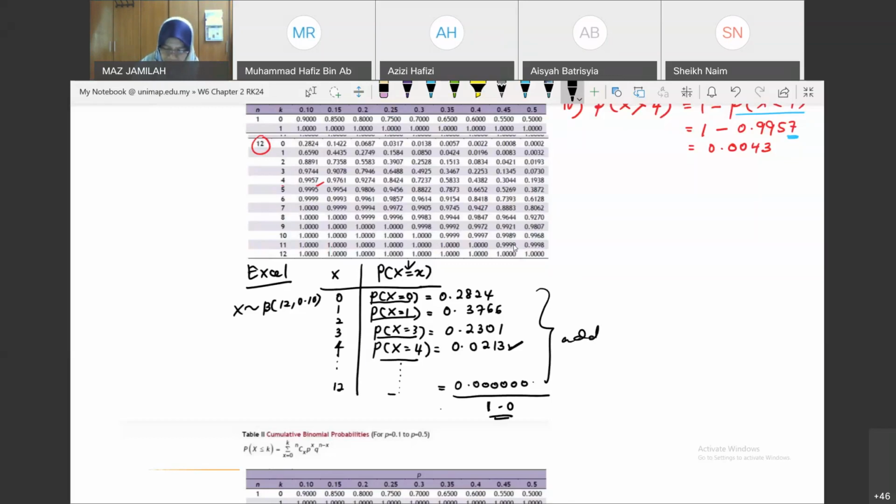This is the summation of all P(X = xi), which equals 1.0, the maximum value.